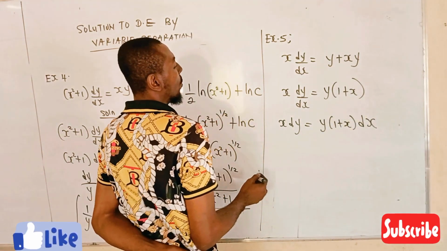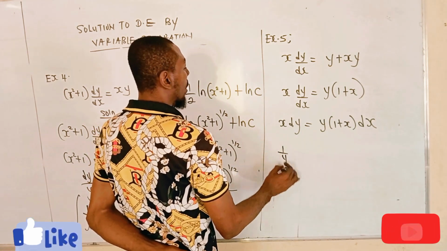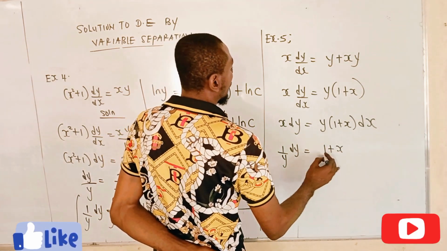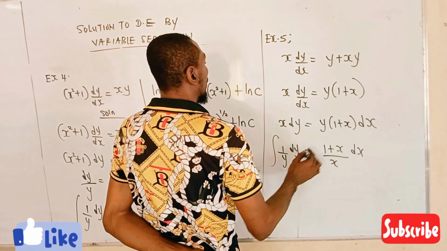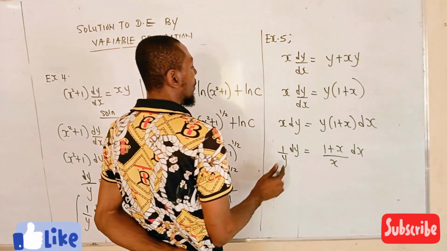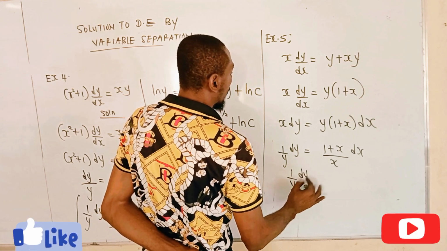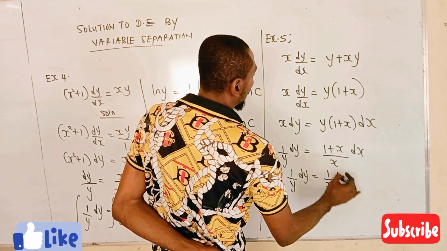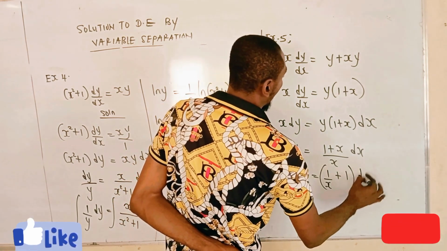So to separate the variables, take y down here: 1/y dy = (1 + x)/x dx, which we can still write as 1/y dy = (1/x + x/x) dx, and x divided by x is 1.